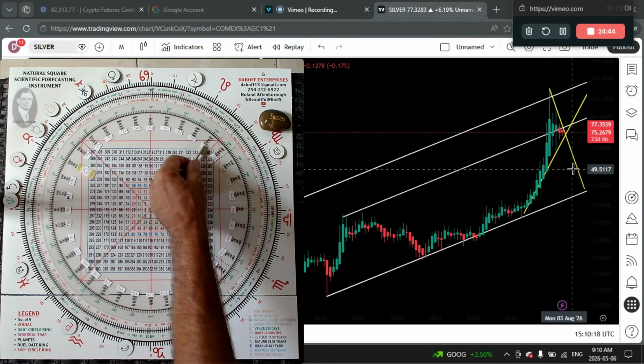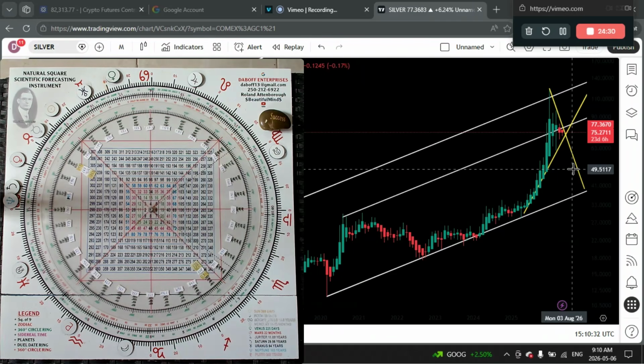It's the longitude of the tops conjunct right here, and we would need to just be aware that 49 is a topping area that we were struggling with a few cycles back, and finally we got above that. So it's possible and likely we have a retest of that area.